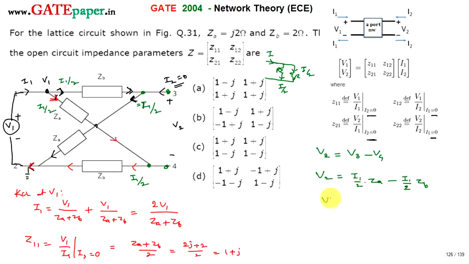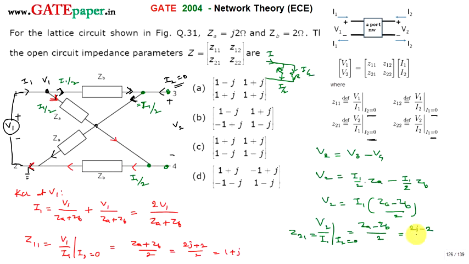So you can write V2 equal to I1 common, ZA minus ZB divided by 2. So V2 by I1 with I2 equal to 0 is Z21. Z21 can be written as ZA minus ZB divided by 2.